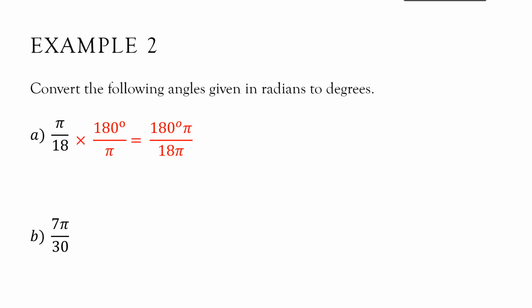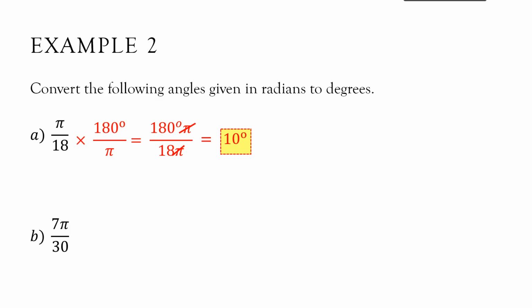The first thing that I'm going to notice that I can cancel out is pi divided by pi, they cancel each other out. That is, I get 1. Alright, so I dealt with my pi's. What about my next part, 180 over 18? Well, 180 over 18 should just leave me with 10 degrees in particular. So this gives me the equivalent measure of this angle, but in degrees.